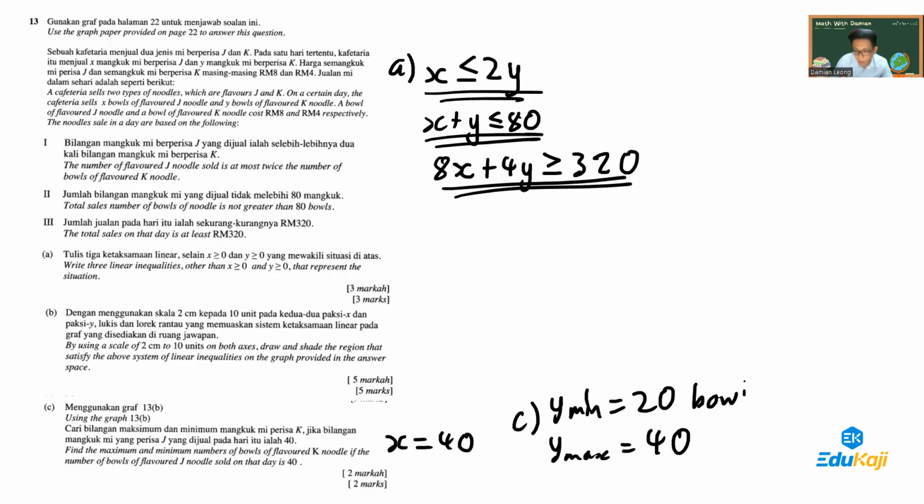So minimum 20 bowls, maximum 40 bowls. That is for question 13 here. So for all straight line graphs, you just need to find 2 points inside the graph. Then you just connect the 2 points using a straight line to draw the graph.